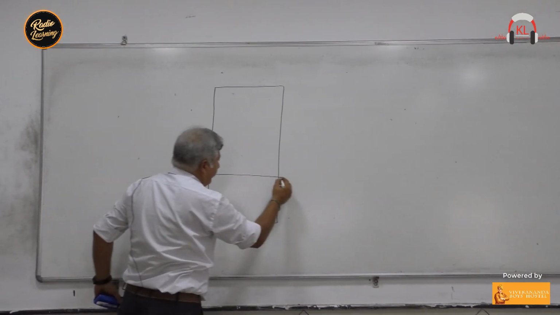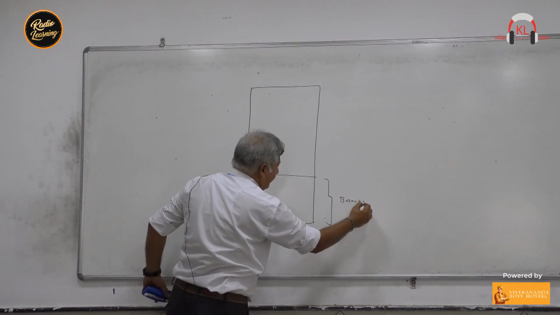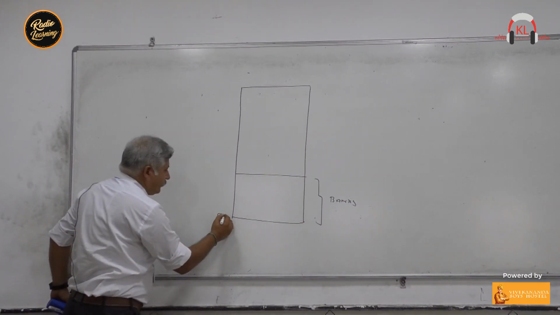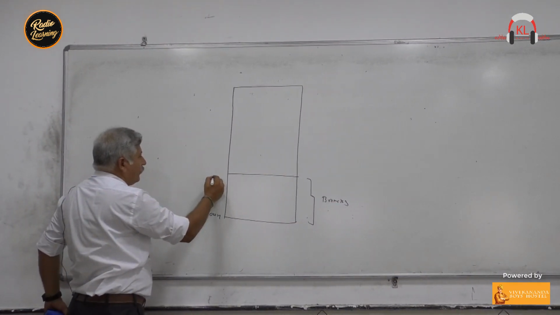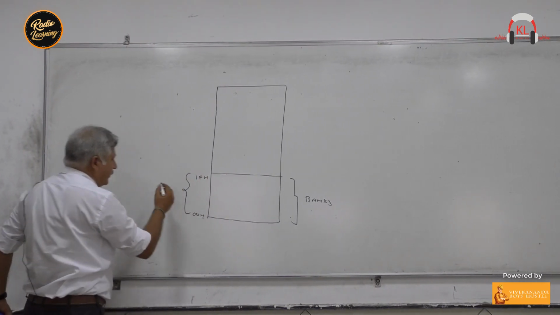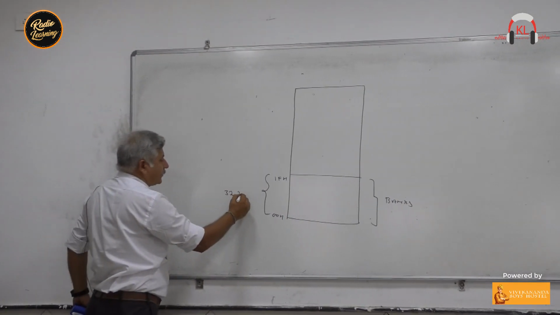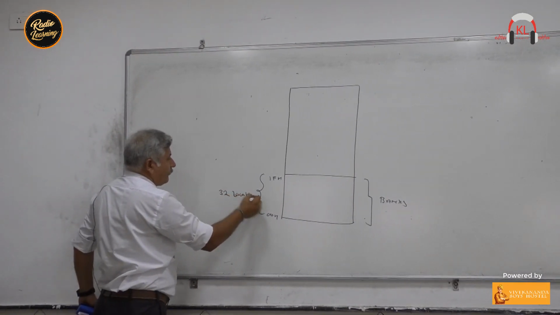So here we have from address 00H to 1FH, and total registers here are 32 locations. Okay.